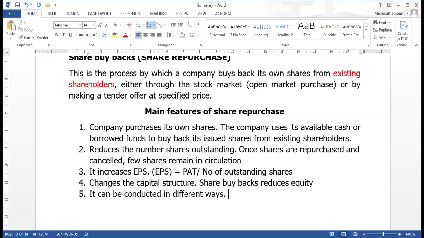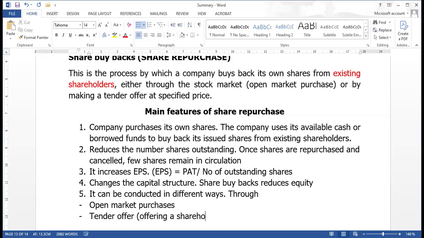It can be through open market purchases, or it can be through a tender offer, whereby you're offering the existing shareholder a premium price, a higher price.